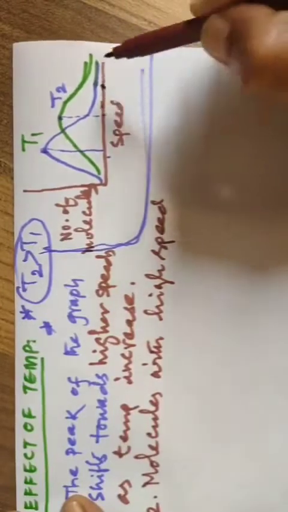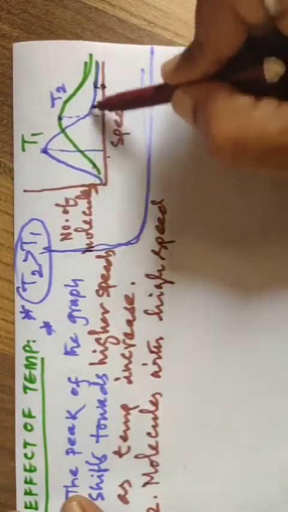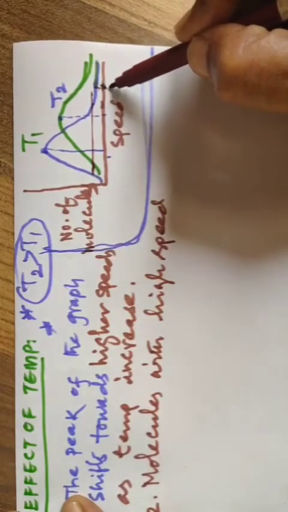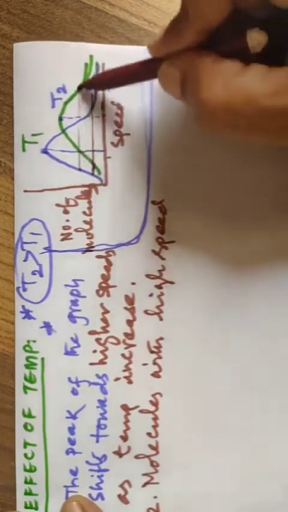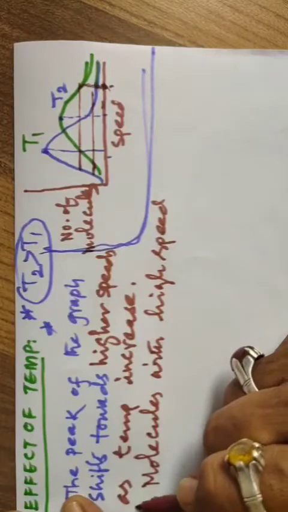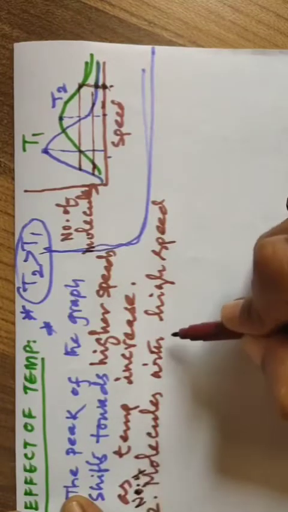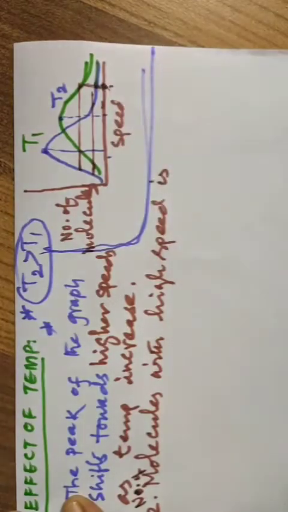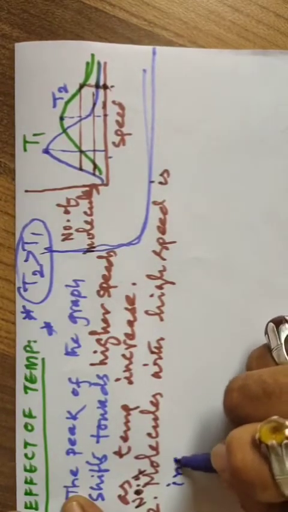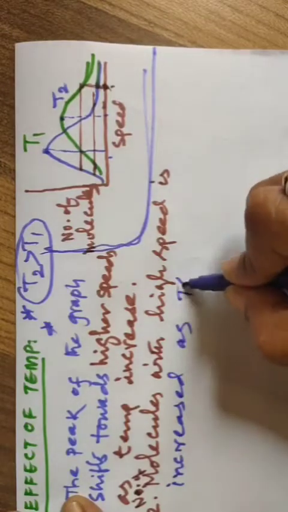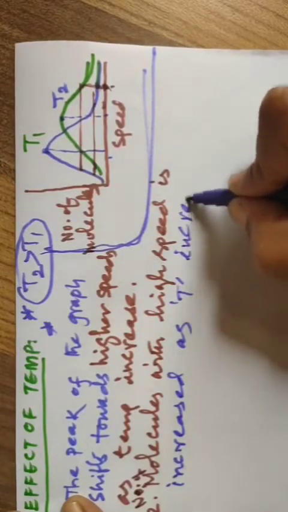The number of molecules with higher speed, how will it be? The number of molecules with a high speed is increased as temperature increases.